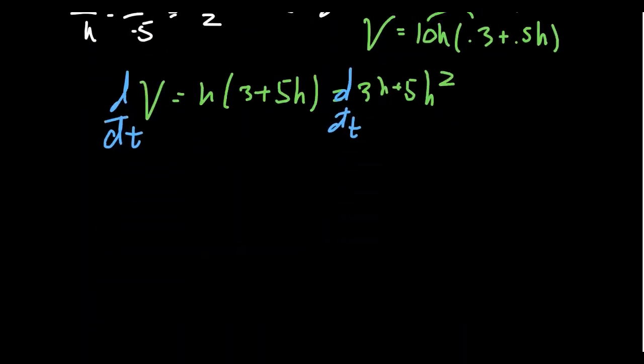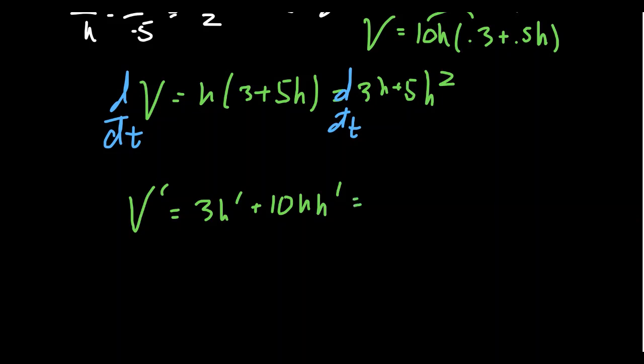So the derivative of volume, that's just going to be V prime. That's all we need to know about that one. And then on the right-hand side, by the usual rules of derivatives, taking the derivative with respect to time here, we're going to get 3h prime plus 10h h prime. So when you take the derivative of the 5h squared, the outer derivative is going to be 5 times 2h, giving us the 10h, and then the inner derivative is going to be the h prime.